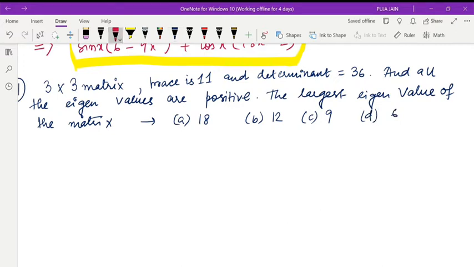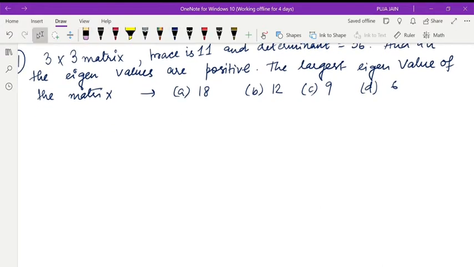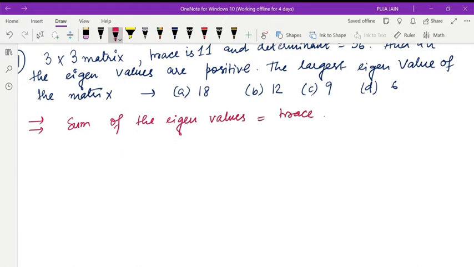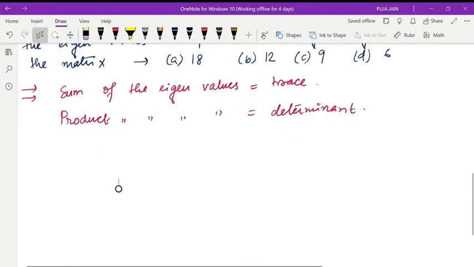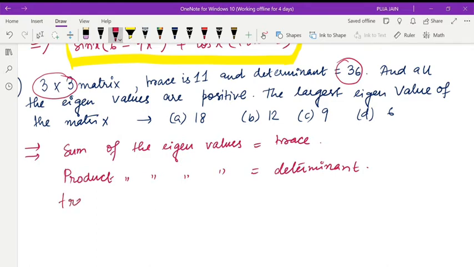Now we will solve this. We need to know two things. First is that the sum of the eigenvalues is equal to the trace, and the product of the eigenvalues is equal to the determinant.